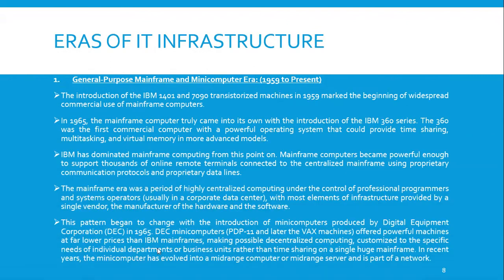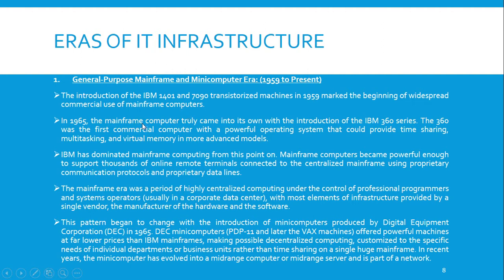So the start of IT infrastructure can be traced back to 1959 when general purpose mainframe computers came to light. The introduction of the IBM 1401 and 7090 transistorized machines in 1959 marked the beginning of widespread commercial use of mainframe computers.